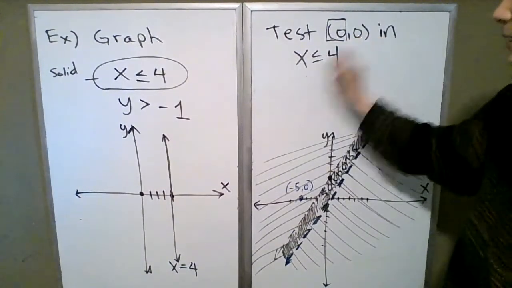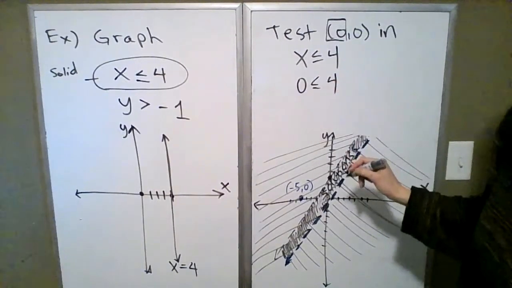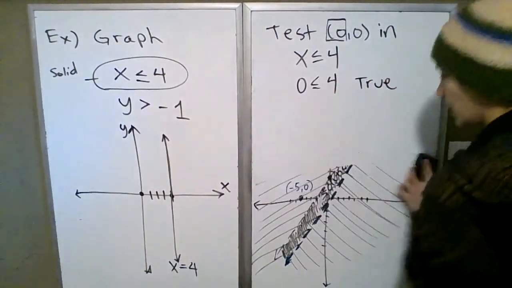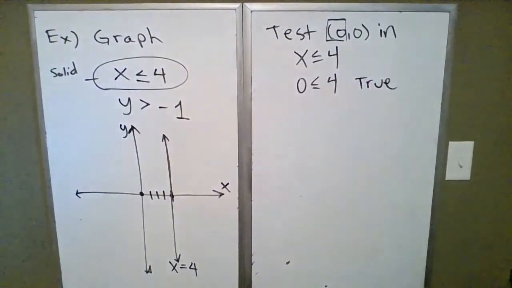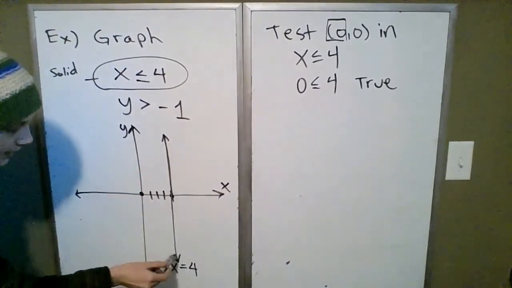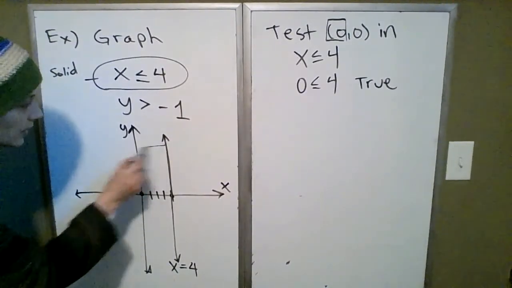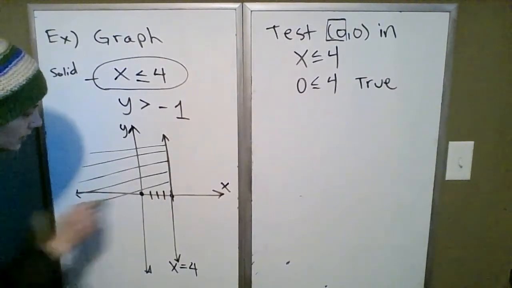So we're putting that 0 in right there. Is it less than or equal to 4? Yes. So for this line, I tested that point and it is a solution. And over here, we've got solutions.